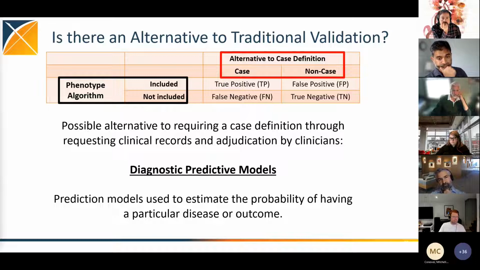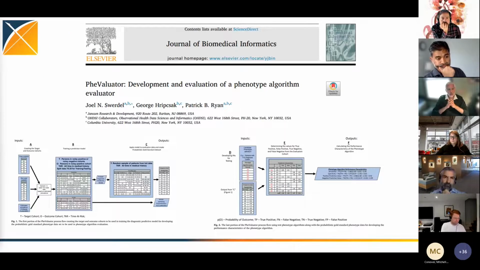So we developed a tool called PheValuator. This is the first paper that we published a few years back, where we used the first version, PheValuator 1.0, and we laid out the framework for how the process would be undertaken within the package.